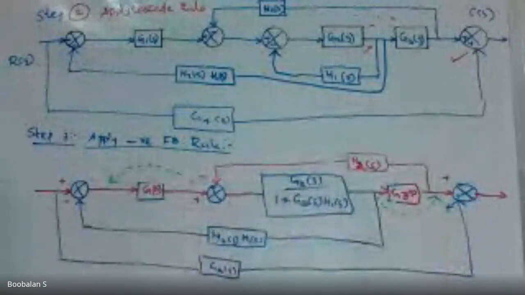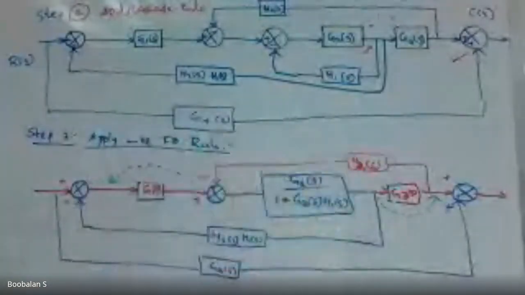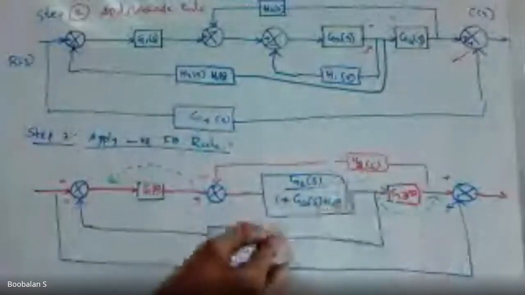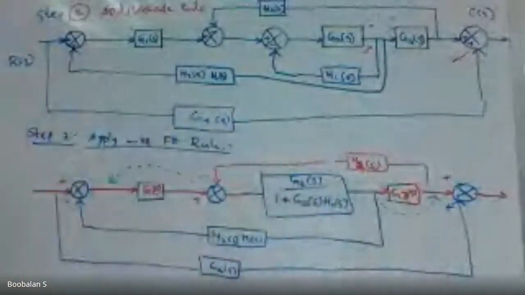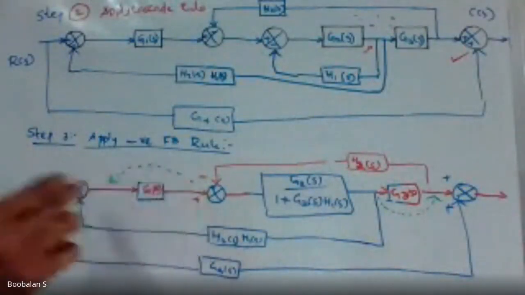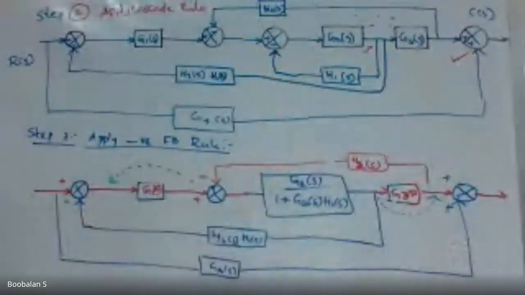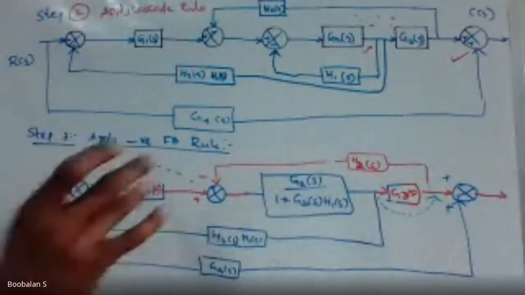If I move the summing point here, in this series we have to add 1 by G1 of s. If I move the takeoff point here, we have to add 1 by G3, that's all. Both are easy, so you can use either. Some people may move the summing point, some may move the takeoff point. Both are correct.